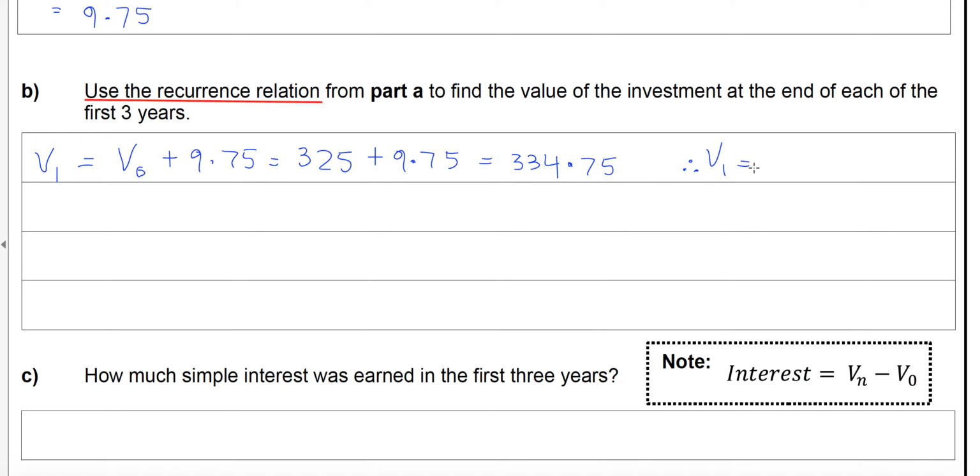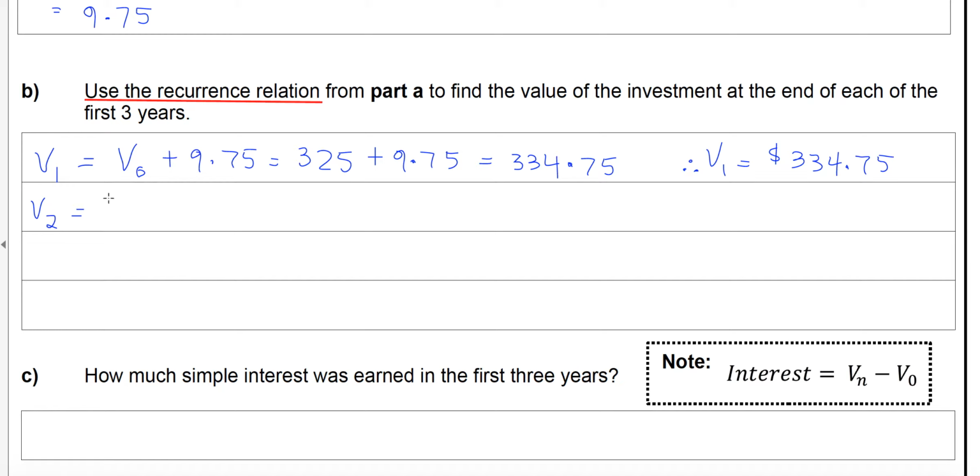Therefore, V1, just add the $ sign now. You've got now $334.75. Now the following year, we're going to earn that same amount in interest because with simple interest, you do earn the same amount year upon year. So even though you've got now $334, your interest is still calculated on the principal. So still 3% of 325.